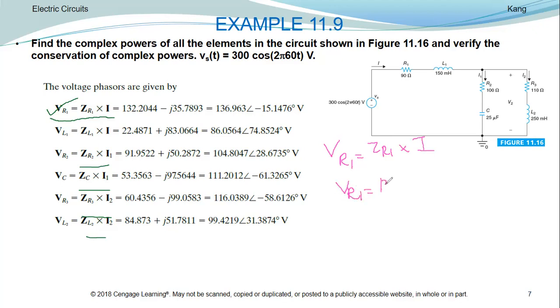So it will be 132.2044 minus j35.7893. So VR1 will be equal to 136.963. Just give me 1 second, class.